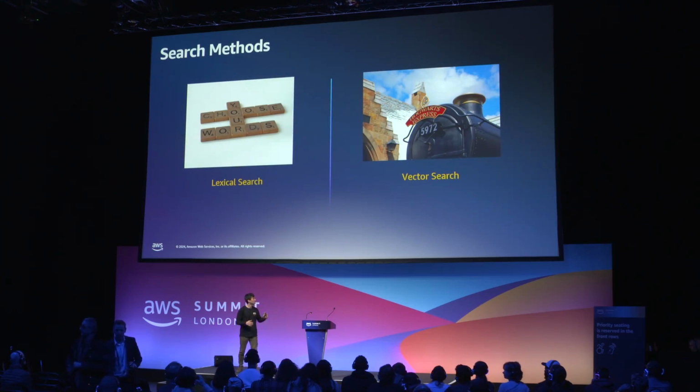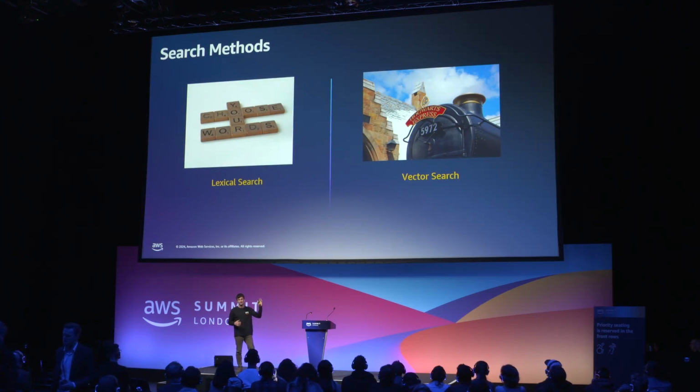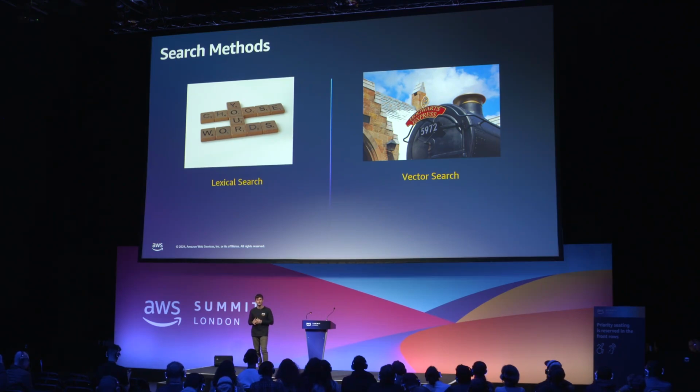Now let's jump right into the search methods. We have on the left side of the screen lexical search. Lexical search is also known as exact match search. It's known as exact match search because basically what is going to happen is that your query is going to be broken down into individual words or tokens, and those words are going to be looked and searched across all the documents that you have stored in your database.